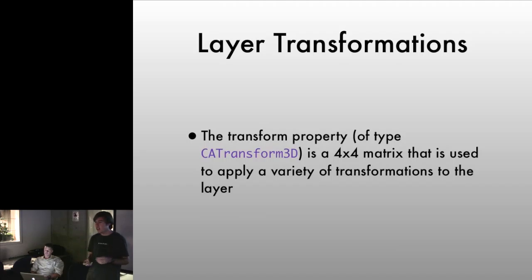But anything else is not an affine transformation. So if you want to do a perspective effect, that's not affine because now you have two sides that are no longer parallel, and that requires a three-dimensional transform. CATransform3D, which is actually just a structure, allows you to make three-dimensional transformations and apply those to layers.